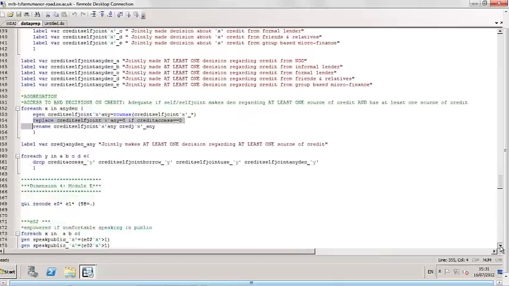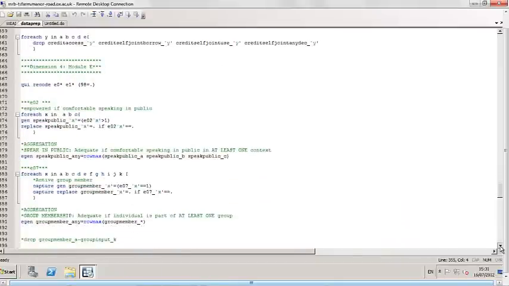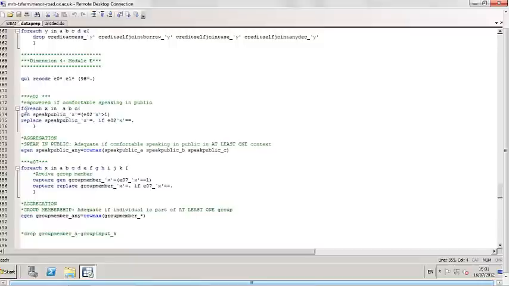Moving on to questions from Module E. Based on E02, we create the indicator speak public X, where X refers to a reason for which the individual would speak in public.